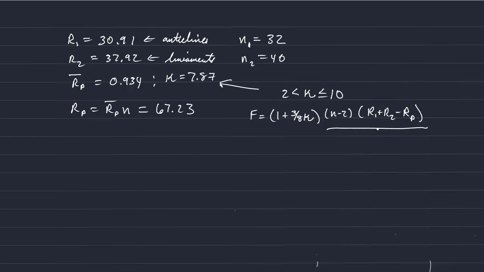The numerator again is proportional to the difference between the sums of the lengths of the two vectors and the length of the pooled vector. The numerator is n minus R1 minus R2, and I found that to be 36.77.